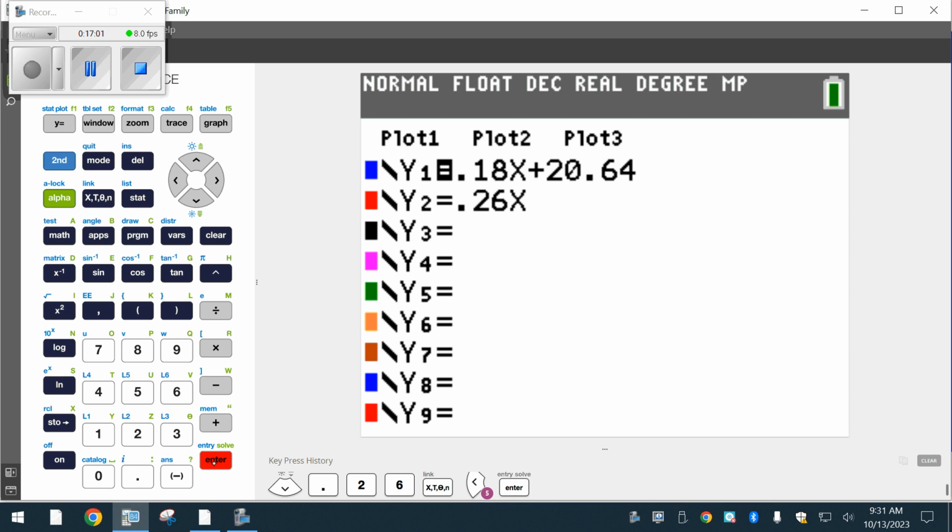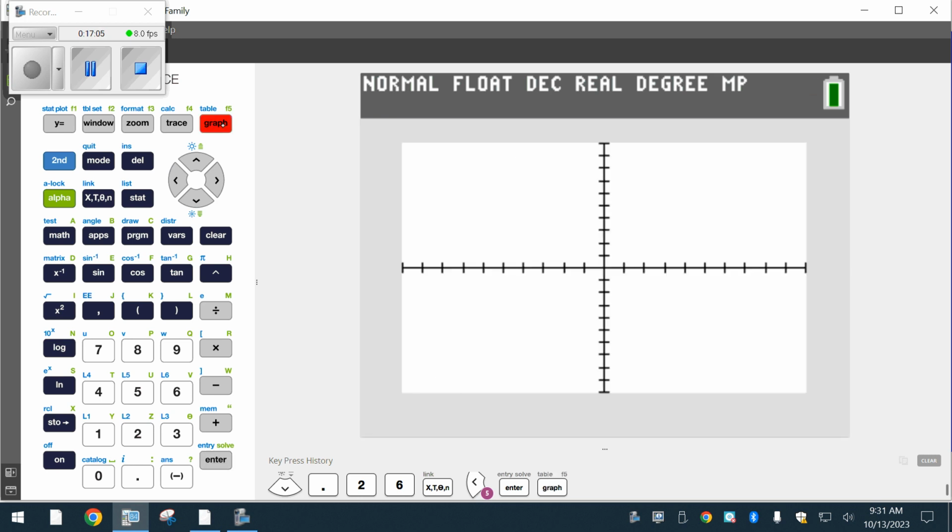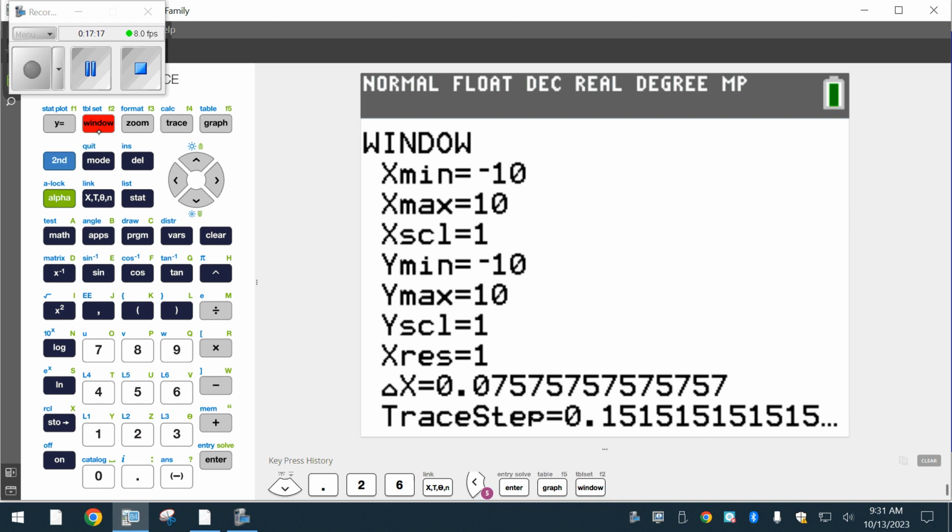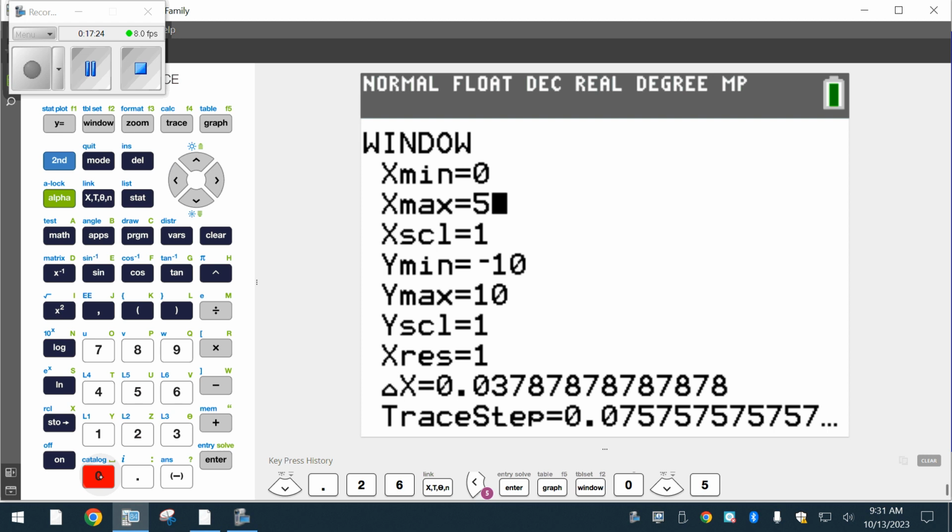Okay, so when we hit graph, the problem is you're not going to see this because these numbers are too big. They did give you an interval for your x's. They give you a domain. So we're going to go to the window, right? They said that it's going to go from 0 to 500.